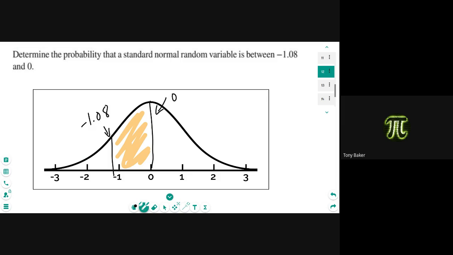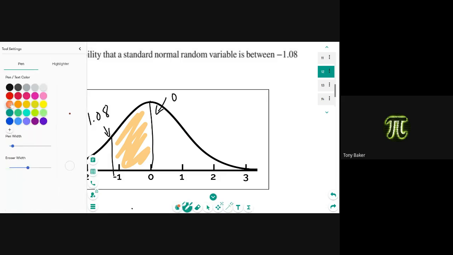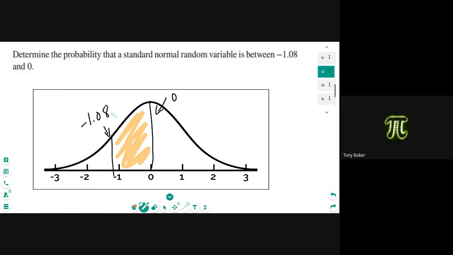So if I look up negative 1.08, what do I get? 0.1401. So 0.1401, right? And that is what part? That's this, right? That's all that. That's the 0.1401. Okay, I don't want that part.